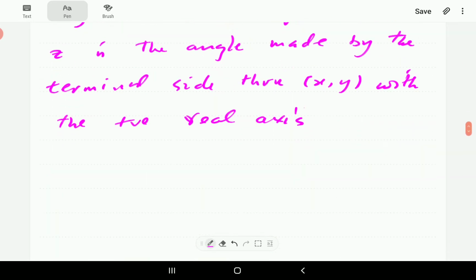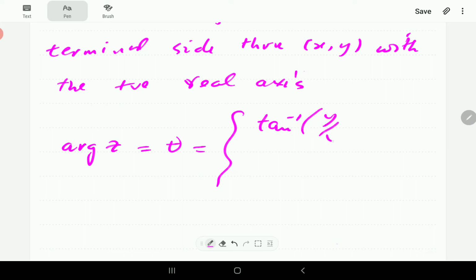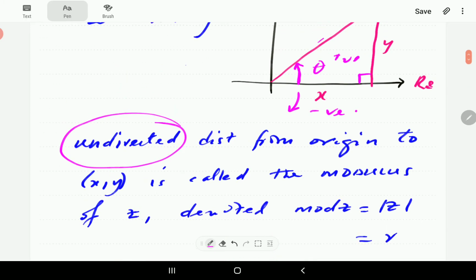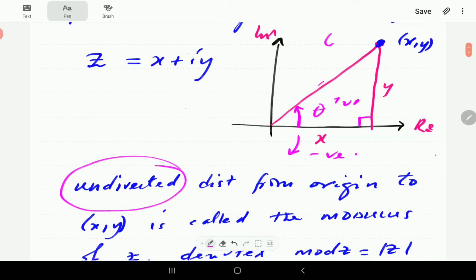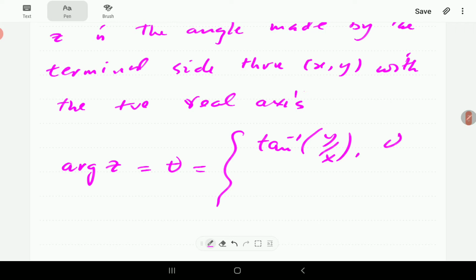So in terms of formulas, the argument of z is going to be the inverse tangent of y over x if our complex number is in the first quadrant or in the fourth quadrant. Okay, so that's quadrant 1 or quadrant 4.